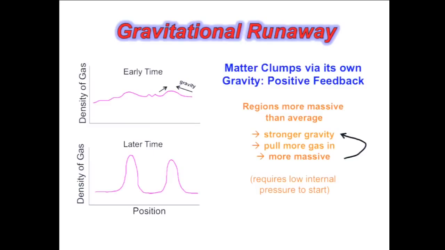And that in this region where there's a little more stuff than average initially, the internal strength is low so that it doesn't resist collapsing due to gravity. And as long as that's true, this gravitational runaway process will operate, and it'll kind of make the rich get richer. The regions that start off with more stuff get richer and richer and richer and end up with more stuff.